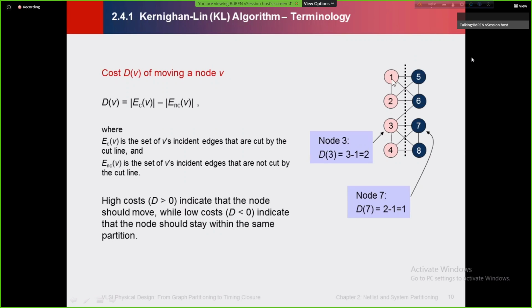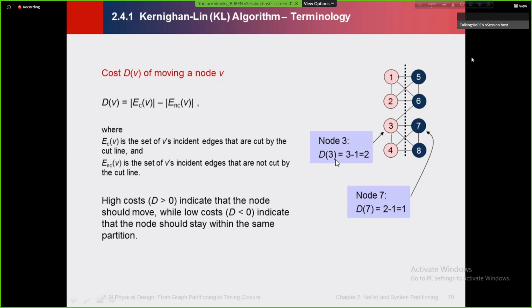Let's say there are 8 nodes, so we have to calculate the cost, and in the book it is defined by D. If you want, you can put a C, it doesn't matter; any variable you put, or you can just write COST. D of 3 means the node 3. The cost for the node 3 will be how much? First we need to find the cost for all the nodes.